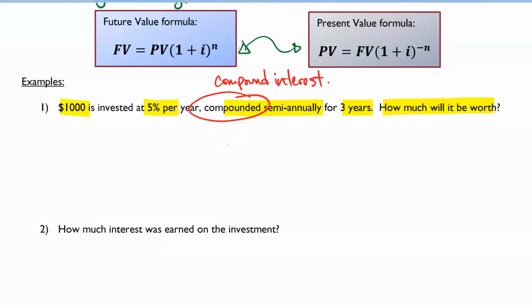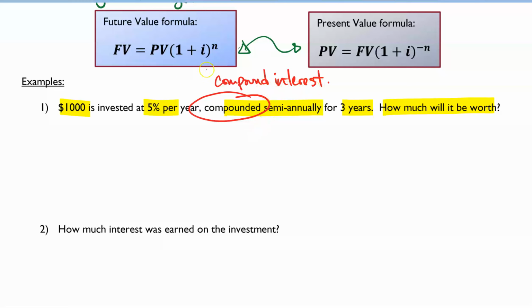The biggest mistake you can do right here is to go, oh, this is I-Prt. No, that's simple interest stuff. Don't do that, okay? Simple interest occurs when you have a word problem that simply does not use the word compounded, okay? Or it'll even state simple interest, okay? So in this case, this is compound interest.